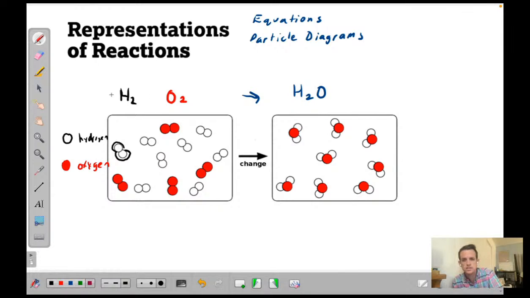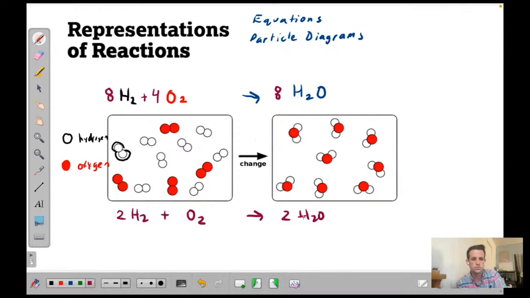I have 8 H2s, and I have 4 O2s, and I have 8 H2Os. So this equation would represent this diagram. You could also reduce that equation and it would still be a good representation of this diagram. But I think most of you hopefully can connect these images with the equation.